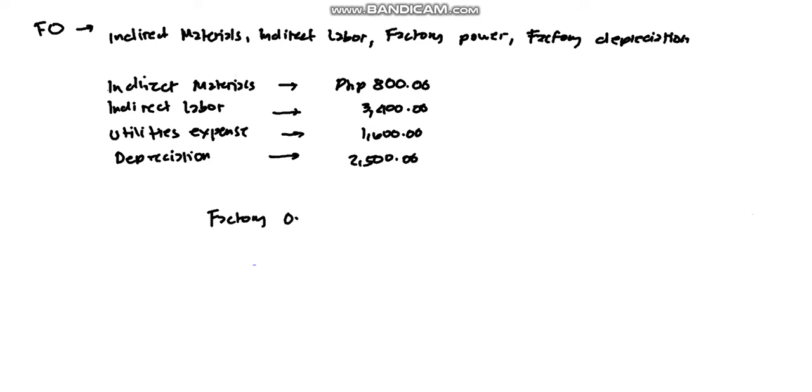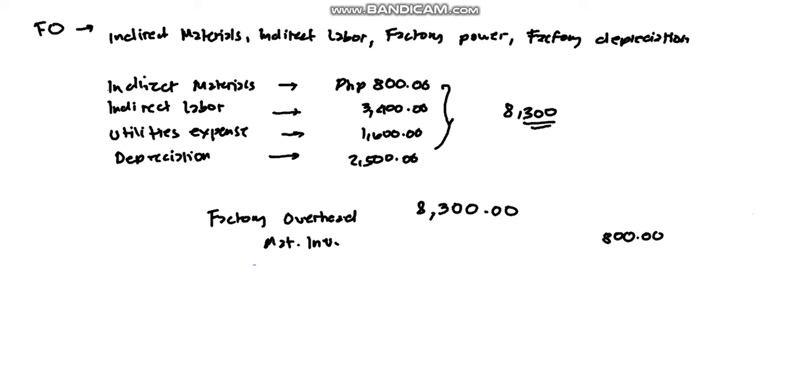So factory overhead, if you total that one, that's 8,300. So debit 8,300. You credit materials inventory 800, salaries payable for indirect labor.